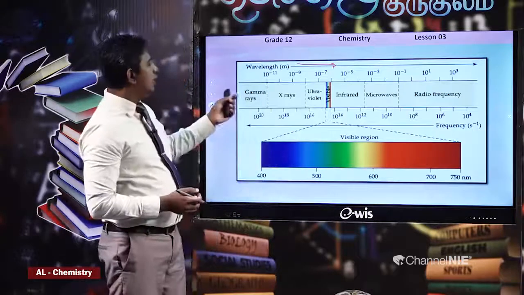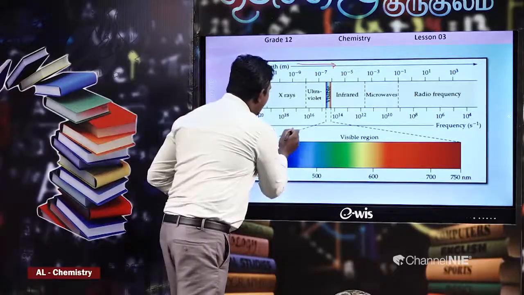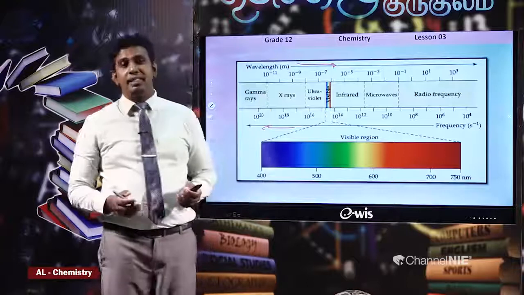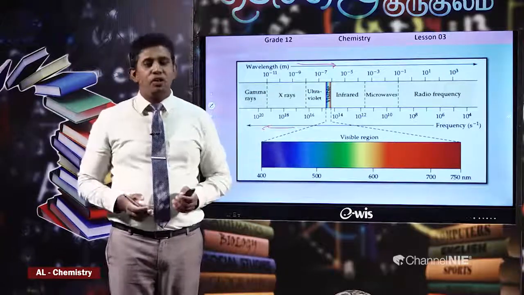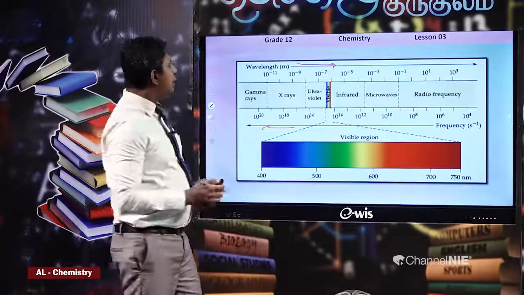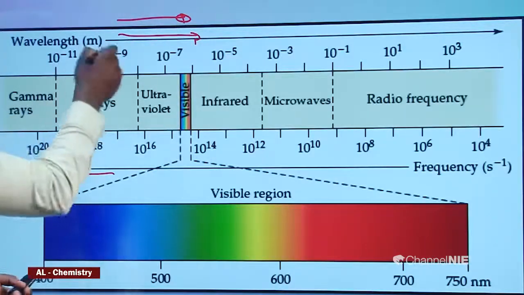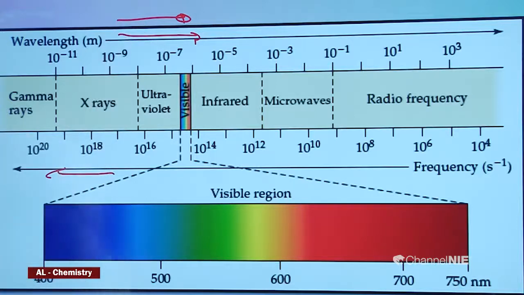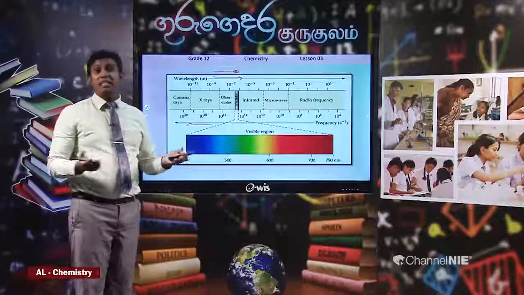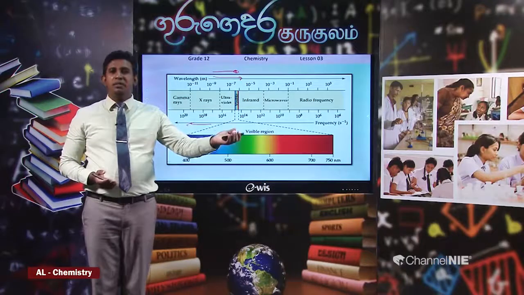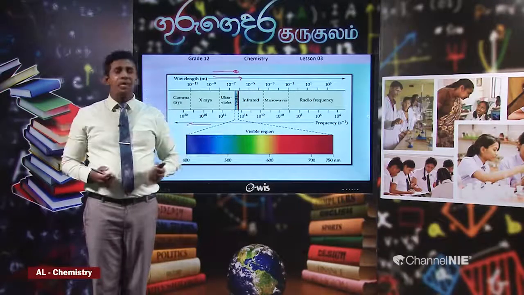On the other hand, in this direction we could call it the increasing direction of their frequencies. If it is the increasing direction of wavelength, it's the decreasing direction of frequency. So they are inversely proportional to each other: the frequency to its wavelength.